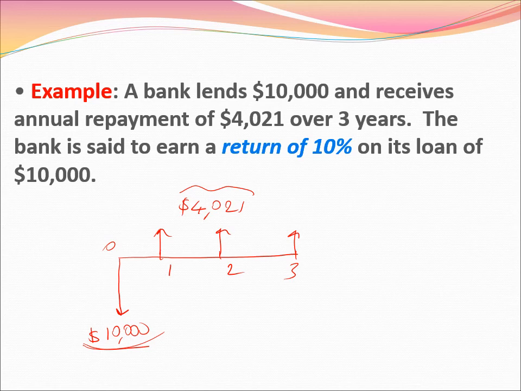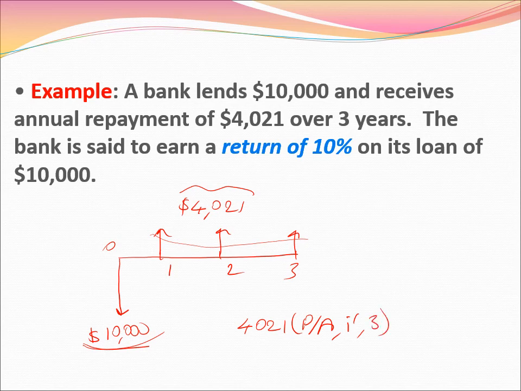This is the expense, the present value of the expense. So what was the definition of the rate of return? It is the present worth of revenues, and I can find the present worth of these revenues by using the formula P given A, at the interest rate or the rate of return.